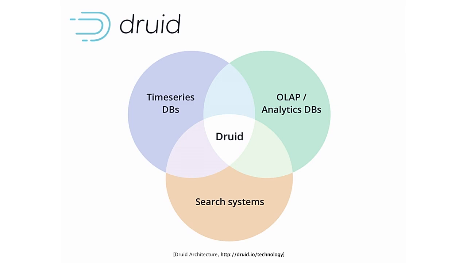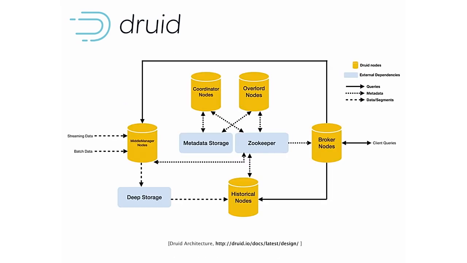Druid merges key characteristics of each of the three systems into its ingestion layer, storage format, querying layer, and core architecture. Druid is a high-performance, column-oriented distributed data store. It allows us to explore events immediately after they occur and ingest data in streaming or batches.